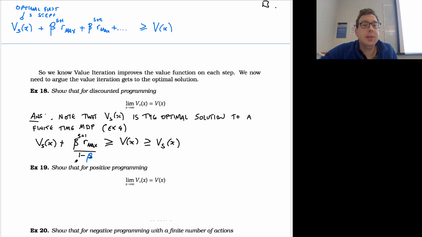So what's going to happen to the limit of this guy as s goes to infinity? That's going to go to 0, isn't it? If I let s go to infinity, that's going to go to 0. This is going to go to the limit of Vs of x. And it says the limit of Vs of x is both above Vx and below Vx, so it has to be equal to it.